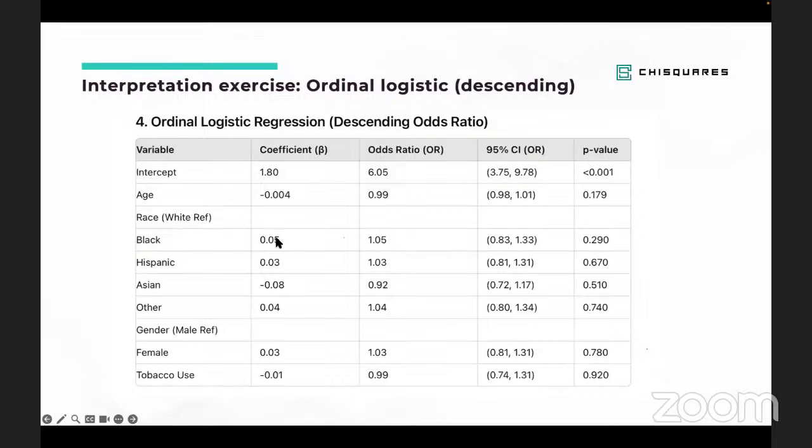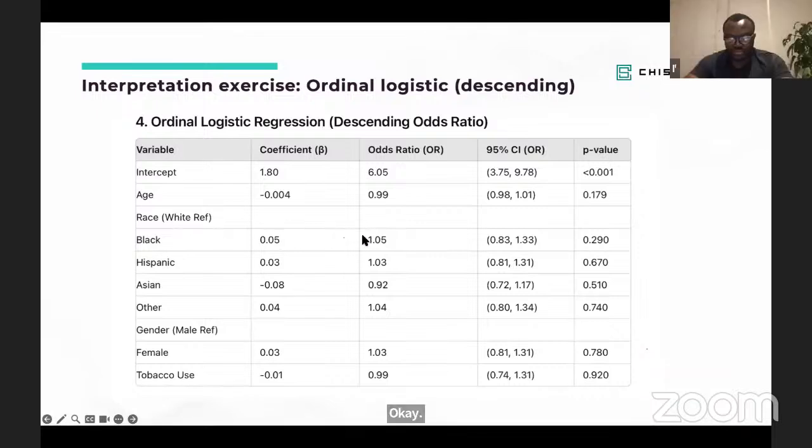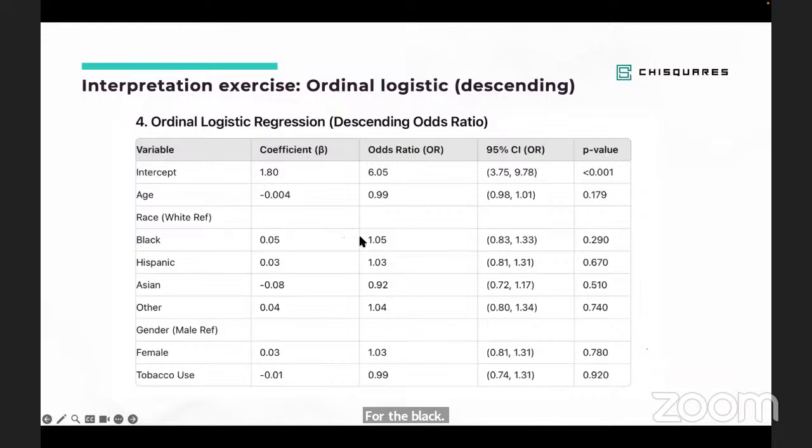For the black, taking the white as a reference, 1.05 odds of favorability in a descending order. Am I correct?